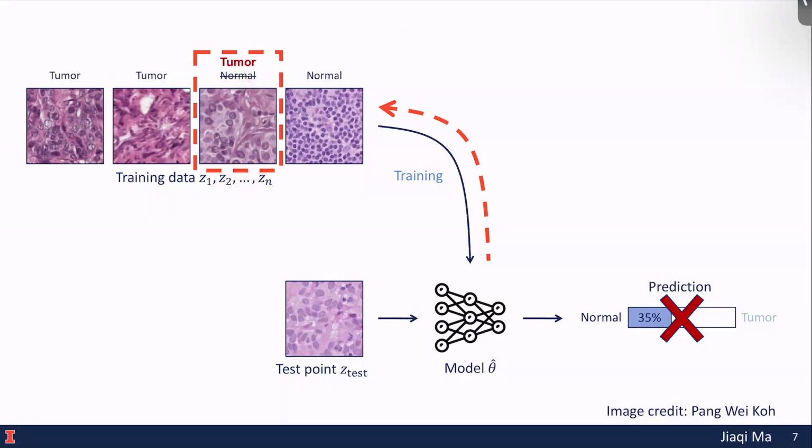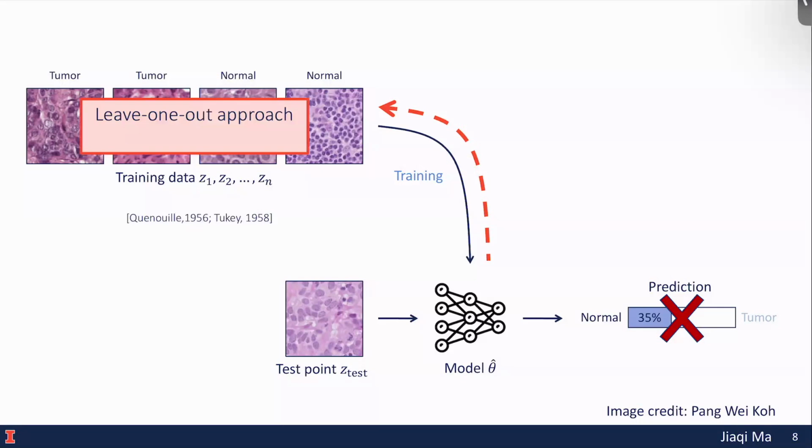This image is similar to the test image, so that misled the model to make the wrong prediction. But we don't know a priori which training data point is mislabeled. Our question is, can we have some method that can help us find this mislabeled data point?